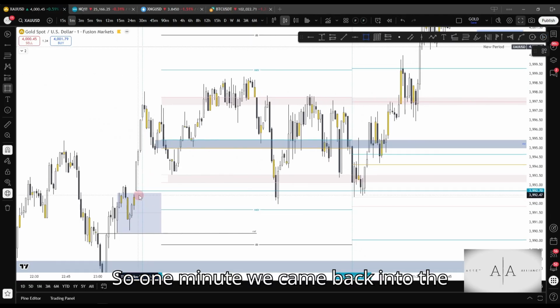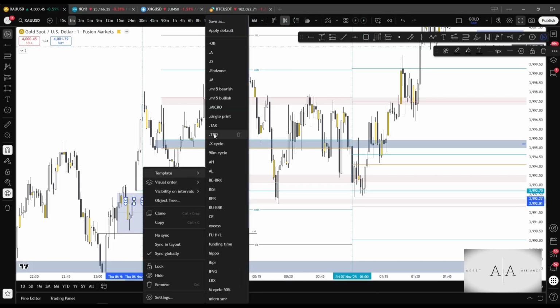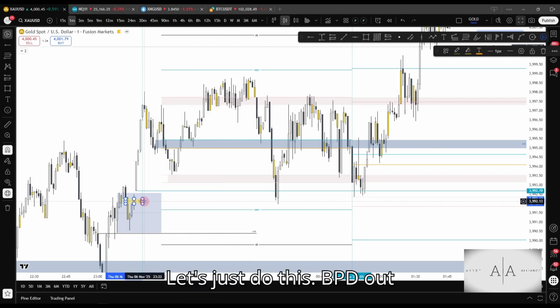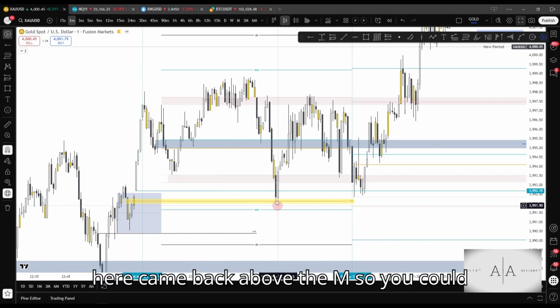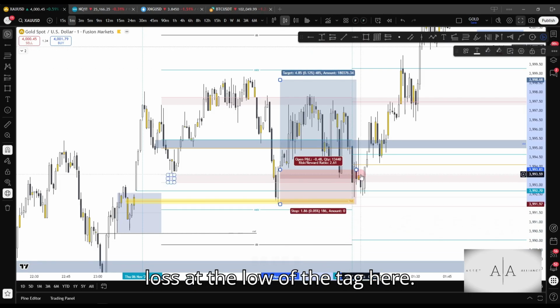So 1 minute, we came back into the 3-minute tack low, which was also a BPR tack here. Let's just do this. BPR tack here, came back above the M, so you could have gotten an entry here. Stop loss at the low of the tack here.